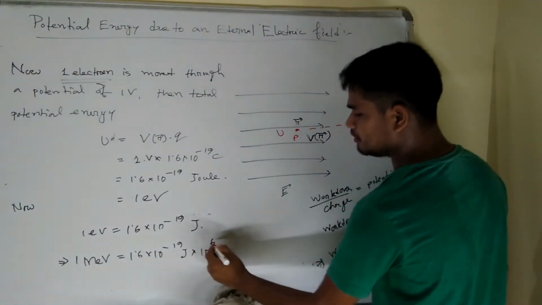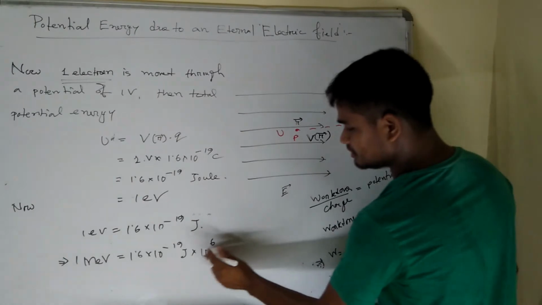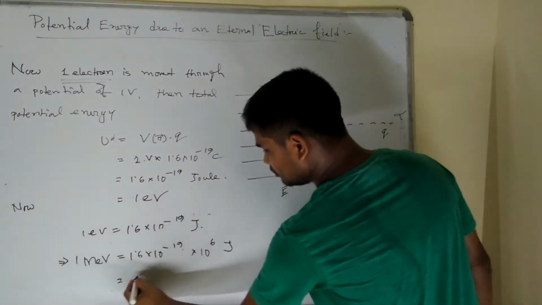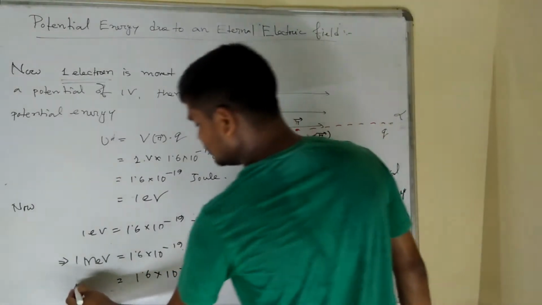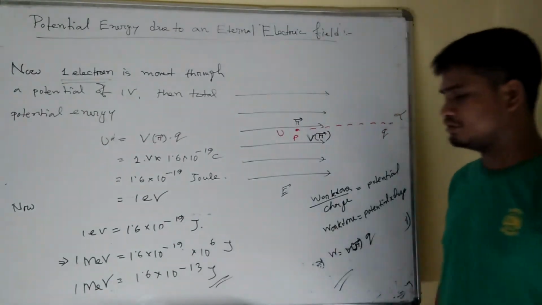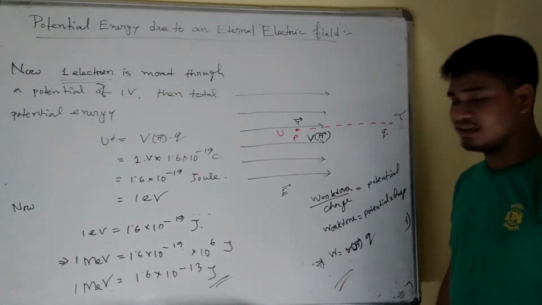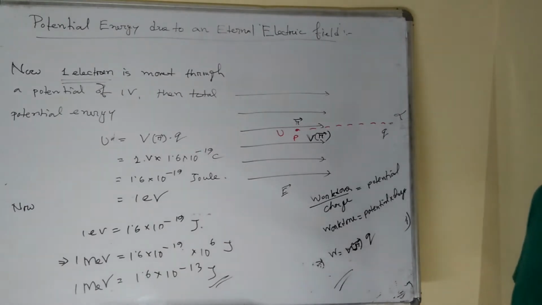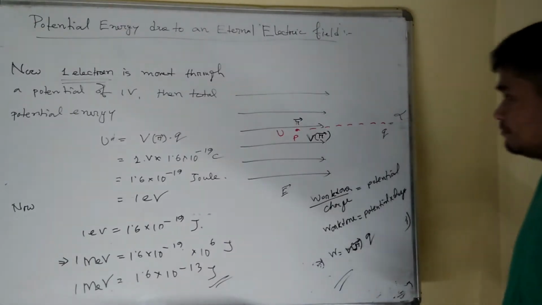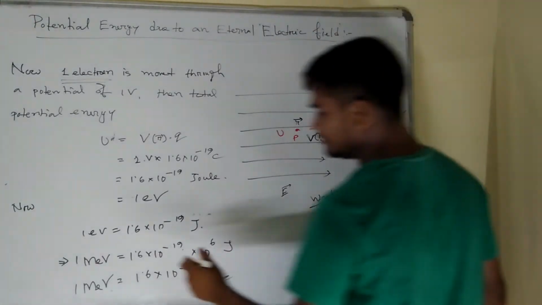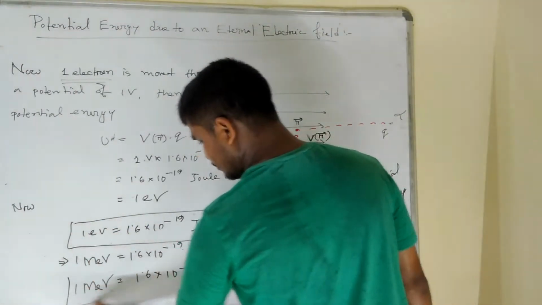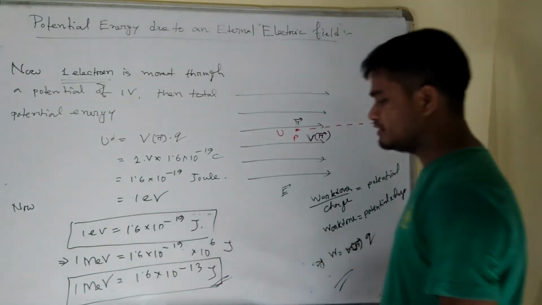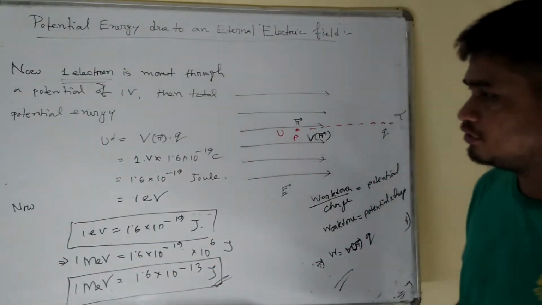Million means 10 to the power 6. So its value is 1.6 into 10 to the power minus 13 joule. So just keep in mind that 1 electron volt is 1.6 into 10 to the power minus 19 joule and 1 million electron volt is 1.6 into 10 to the power minus 13 joule.